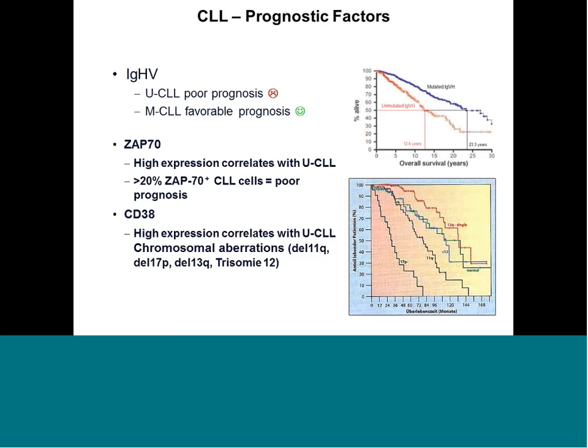I'll just briefly show you CLL, chronic lymphocytic leukemia, which is the most frequent leukemia in the Western world, and it's characterized by a very, very diverse biological and clinical course. There are patients that are stable for a long, long time, for many years, and in the first years practically need no treatment.